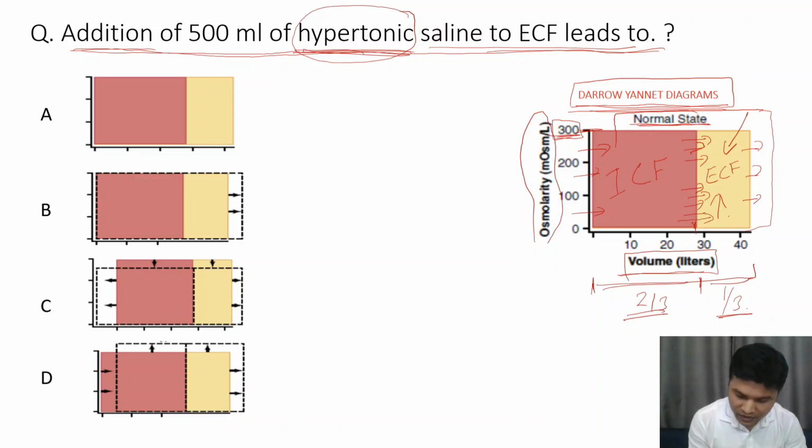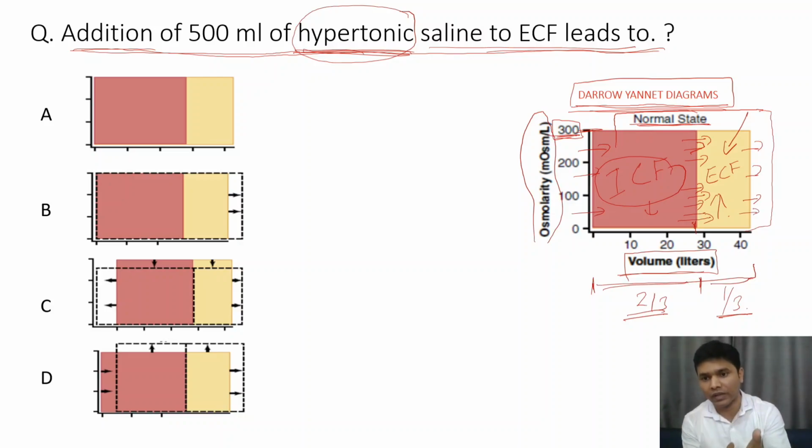So volume inside the intracellular fluid will decrease, and volume in the extracellular fluid will increase more than the infused amount. If you are infusing 500 ml of hypertonic saline, the increase will be more than 500, because some more fluid is dragged from the intracellular fluid. Osmolarity is also going to increase to reach equilibrium between the intracellular and extracellular fluid, and the volume of intracellular fluid will decrease.